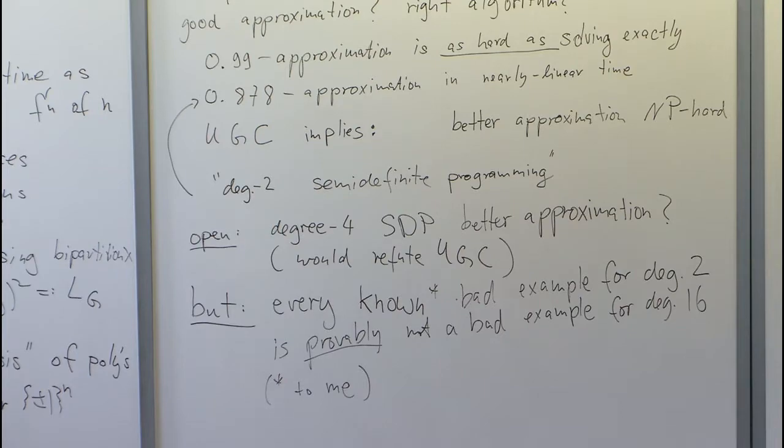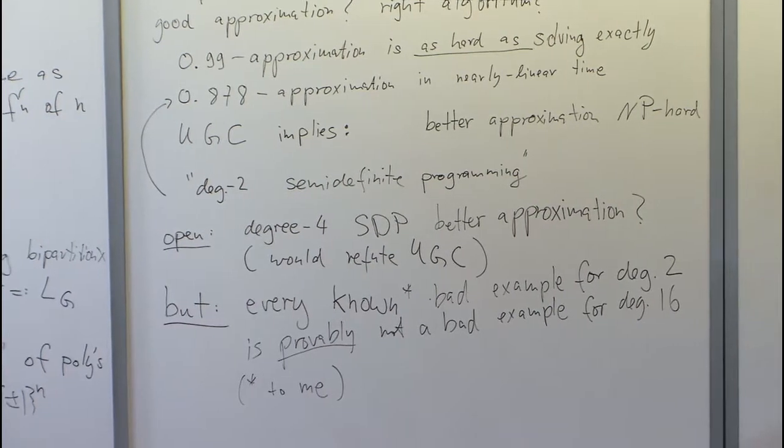This is somewhat surprising. It means that if the Unique Games conjecture is true, then degree 16 should not give a better approximation for this problem, so there have to be different instances.